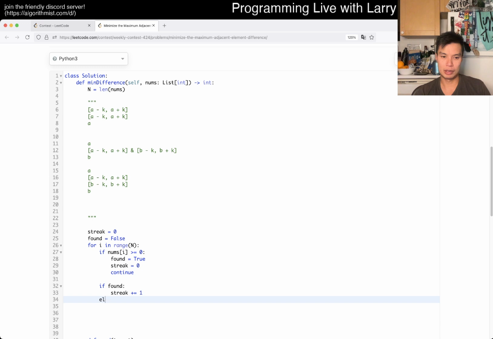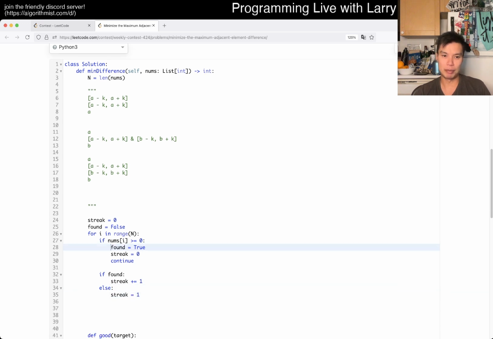Else streak is always just going to be equal to 1 because we haven't found it yet. Then when we found a number, we want to put into all the streaks, maybe.